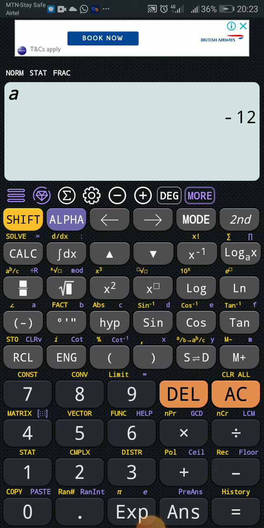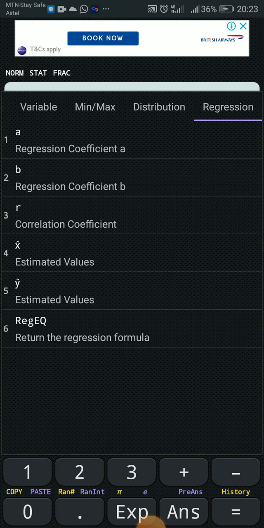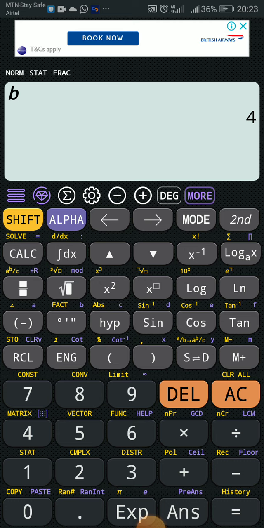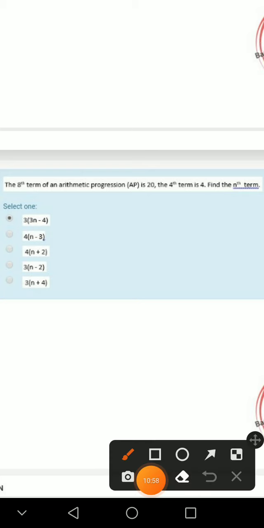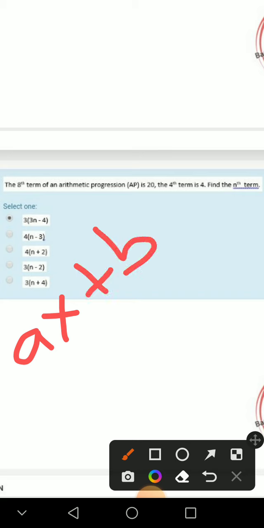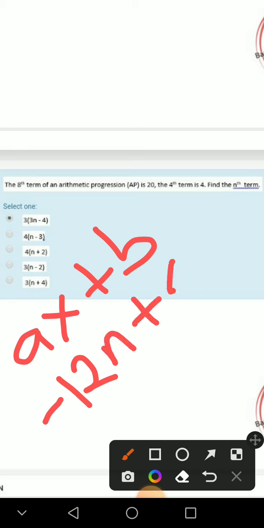Then I go for B. Shift 1 and B. Okay, B is 4. So if I go back to my question, remember that your AP is written as AX plus B. So I got A to be minus 12, your X here is n, plus your B, we got 4.